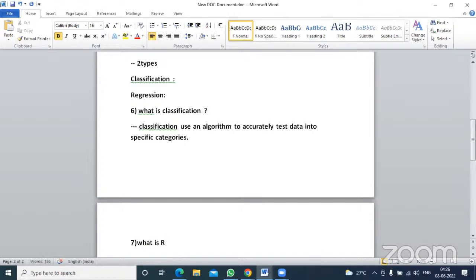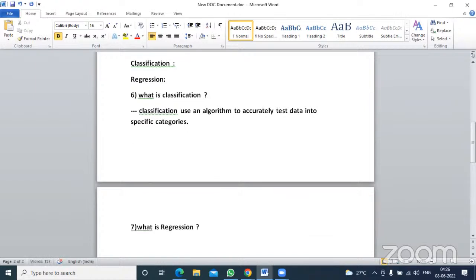What is regression? Yes, output is non-numeric and discrete, in which case?